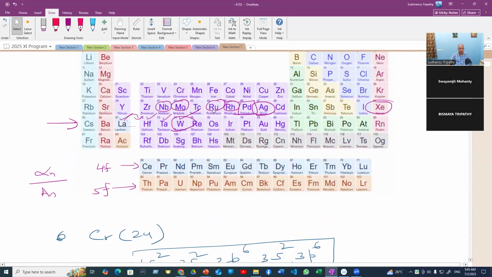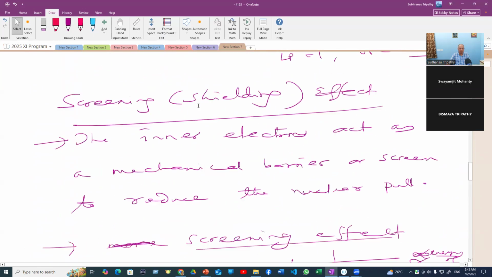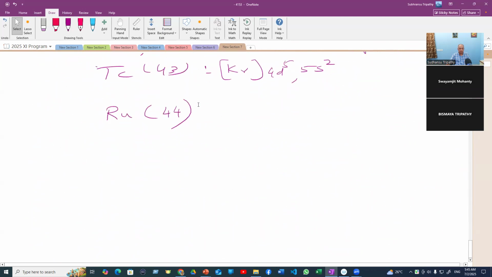Ruthenium, Ru. Ruthenium, then rhodium. Ruthenium is again anomalous. The krypton configuration should have been 5s2, 4d6, but it is 5s1, 4d7. You can count the number of unpaired electrons.